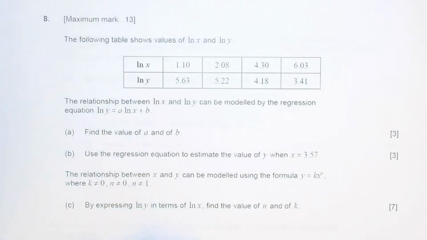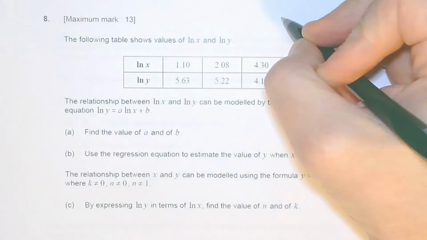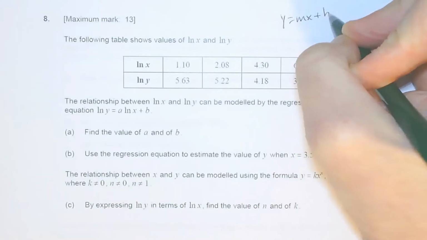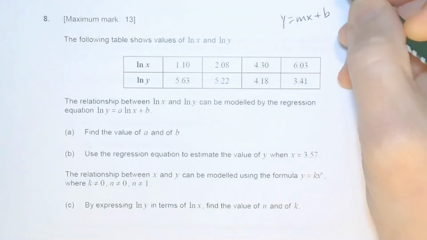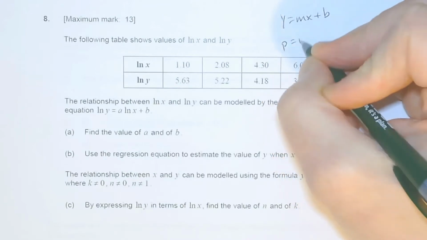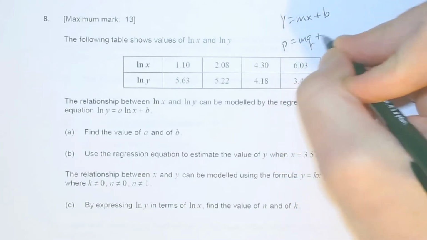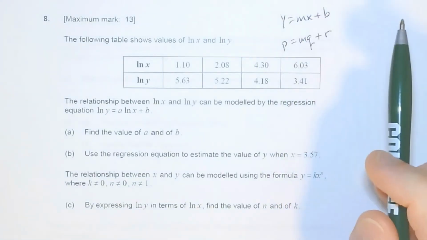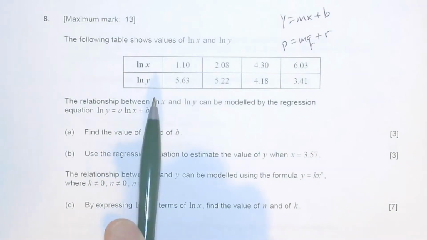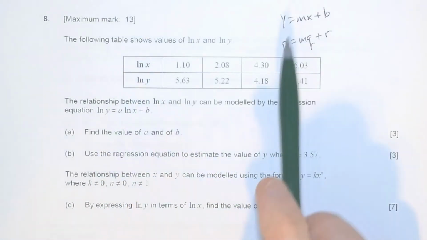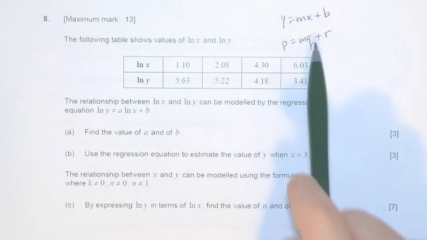Now I do want you to be careful about this. Let's say that instead of the regular old y equals mx plus b, I chose different letters. Let's say that p was equal to mq plus r. So p would be like y and q would be like x. The reason I point that out is because natural log of x and natural log of y are just like my p and q.